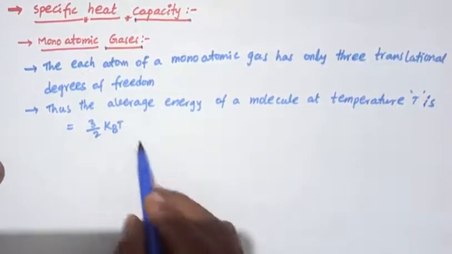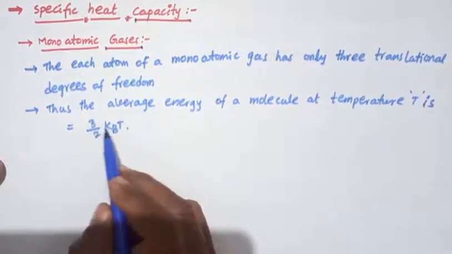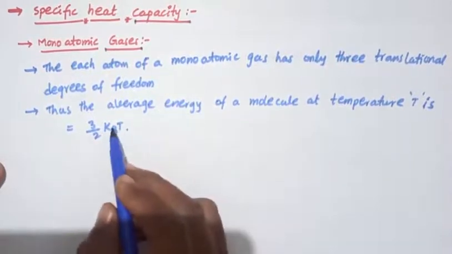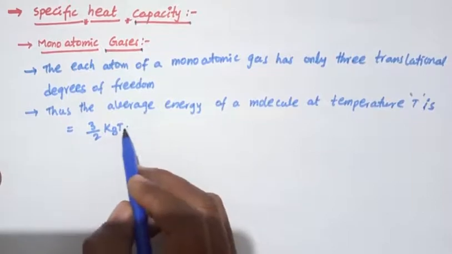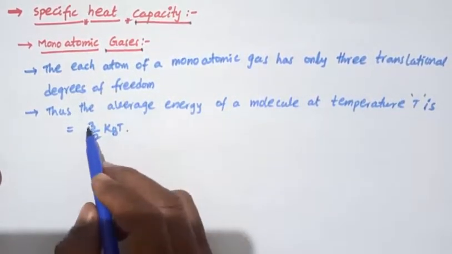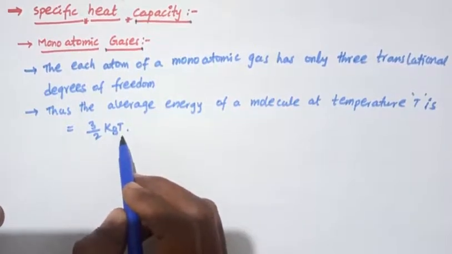This is the law of equipartition of energy. 1 degree of freedom consists of half kBT. Here there are 3 translational degrees of freedom, so 3 into half kBT equals 3/2 kBT.